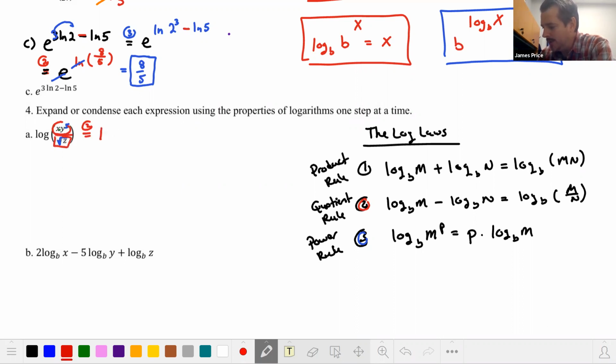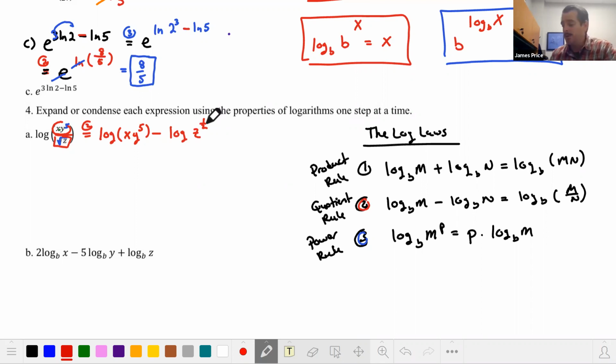And so that'll be equal to the log of the top, so the log of x times y to the 5th, in parentheses, and then minus the log of square root of z, which I'm going to write as z to the 1/2, because I know that square root is really a power. It's really an exponent. It can be written as a power. So I'm going to use that power rule eventually on it.